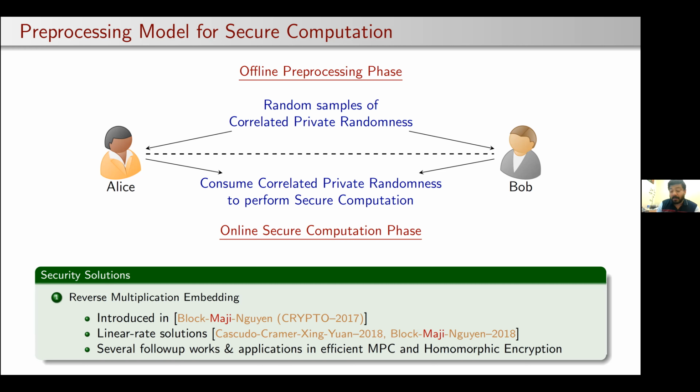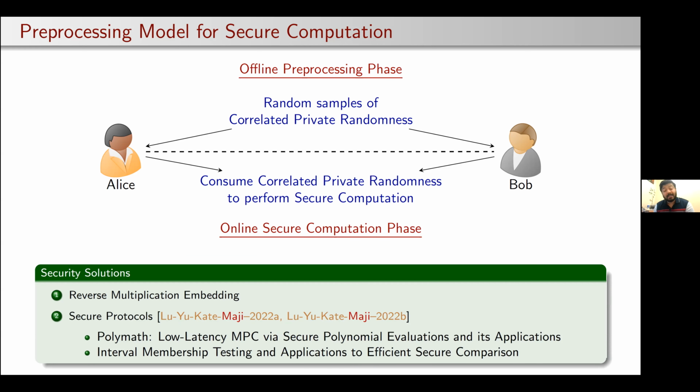This particular problem has had significant practical impact through its applications in secure multi-party computation and homomorphic encryption. Further, some of our research in this model has also led to privacy-preserving solutions in privacy-preserving training and inference problems in machine learning.